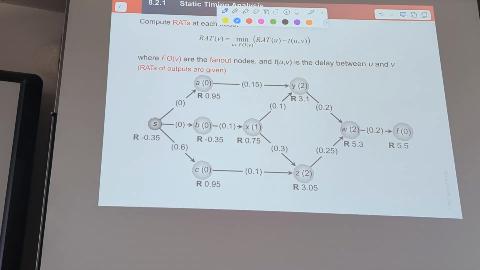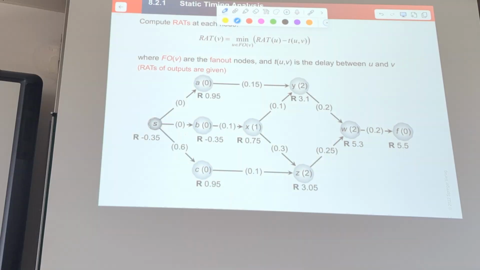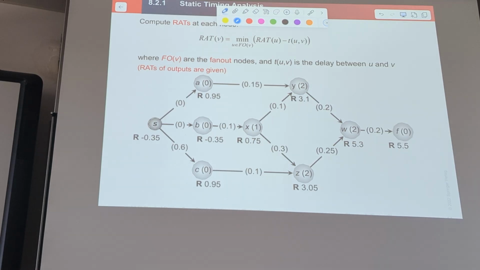No, wait, 0.75 here. It's obvious. It's just the go 3.5.